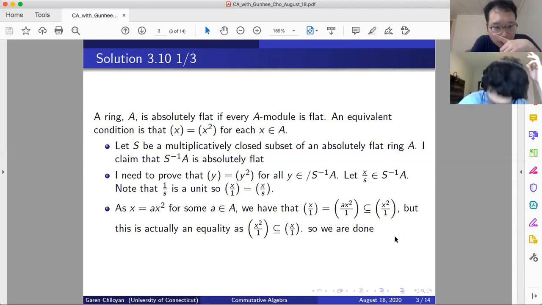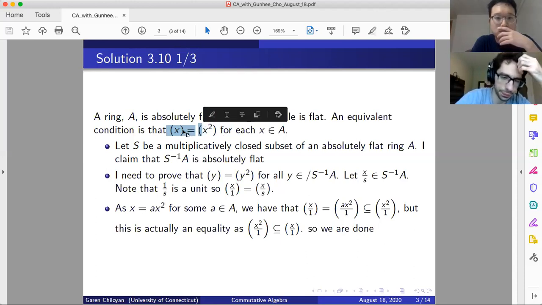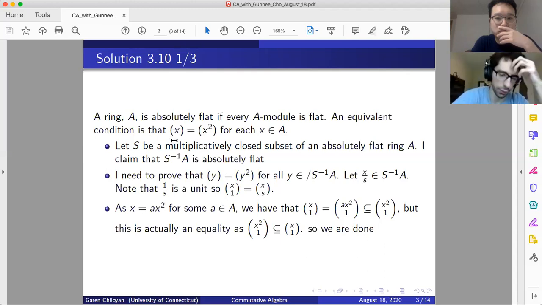Let me ask you one thing. How can we say x should be equal to a x squared with something? Look here. x is in here. My question is, what is the assumption right now?